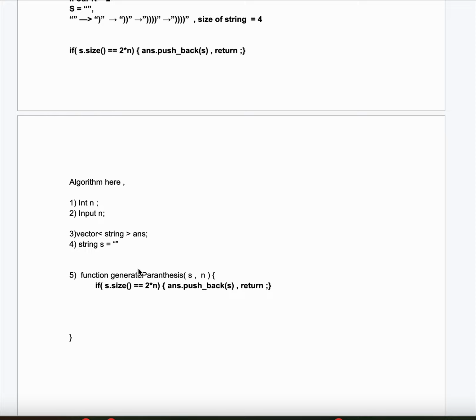Because the size of s is increasing, it will reach the base case, and at the base case we push the answer and return from here. So we will add the opening bracket first. Now we will call this function again.